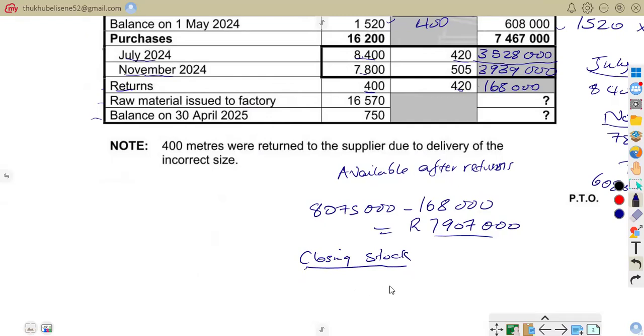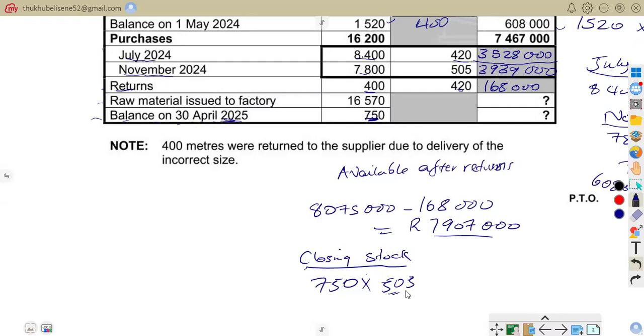With closing stock, good people, it simply says we are going to say 750. You can see this is our closing stock balance on 30 April 2025. So we go 750 times 505.